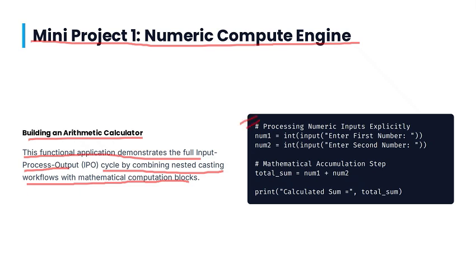Processing numeric inputs explicitly: num1 = int(input("Enter first number")), num2 = int(input("Enter second number")). Mathematical accumulation statement: total_sum = num1 + num2. Print calculated sum = total_sum.